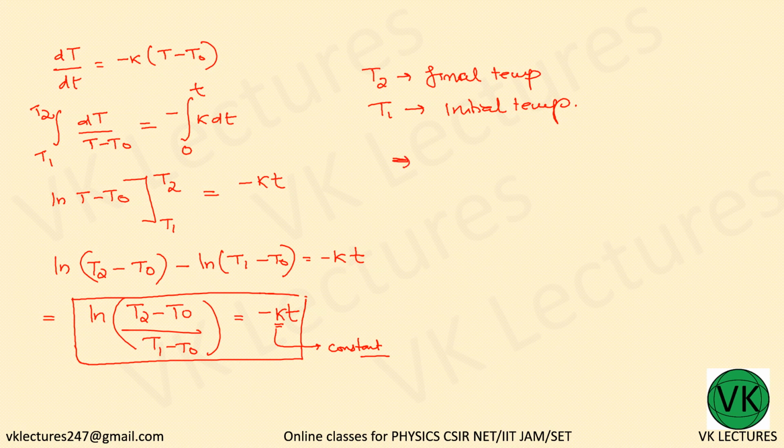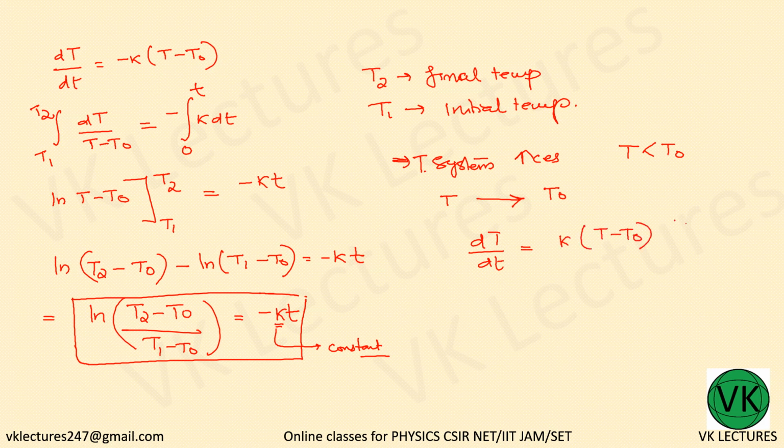Now suppose the temperature of the system is increasing, that means you kept it at T and it reached T naught, where T is less than T naught, that means T naught is greater. Then dT divided by dt will be equal to k into (T minus T naught). If it increases, there will be no minus sign, it will be plus.